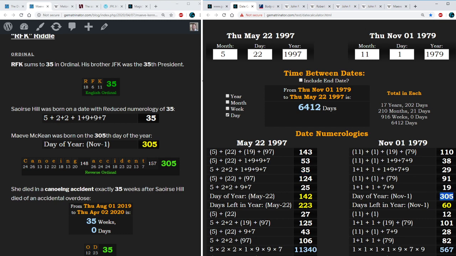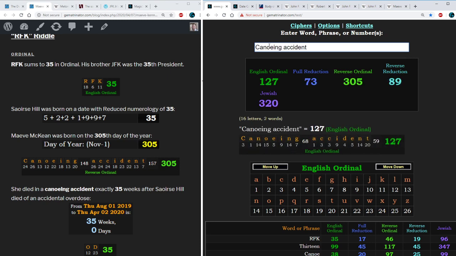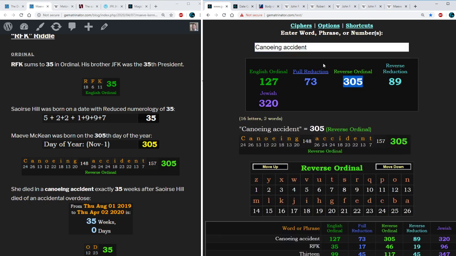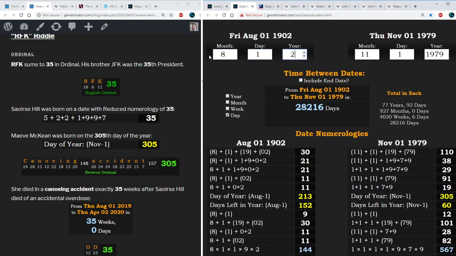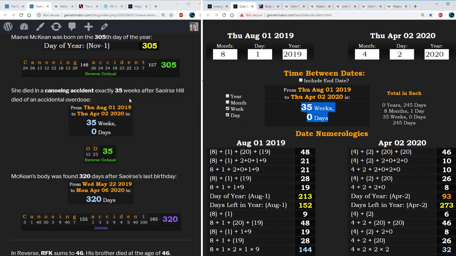Her cousin Maeve McKean was born on the 305th day of the year. And now she's dead after a canoeing accident, which equals 305 in the reverse alphabetic order. Now, if you measure from the death of Saoirse Hill to the death of her cousin, Maeve McKean, it's exactly 35 weeks.